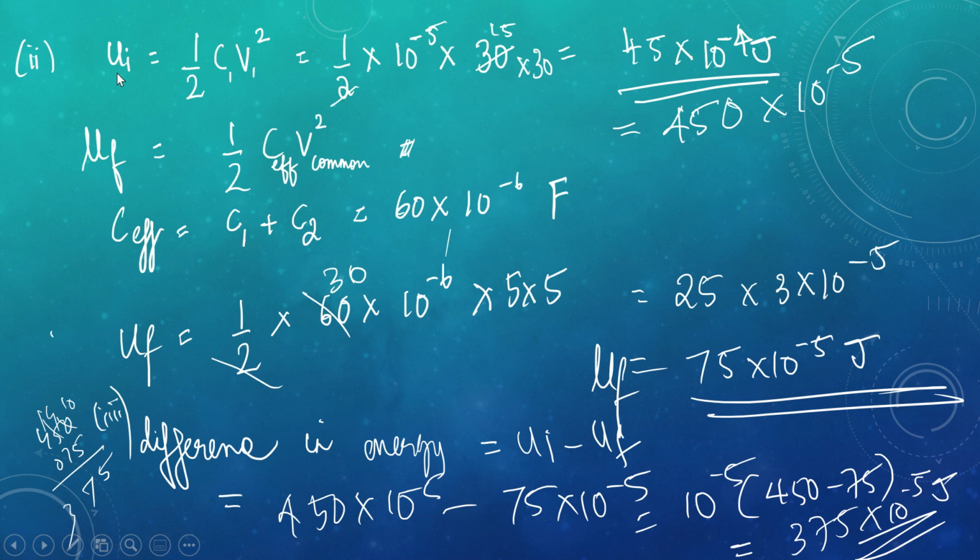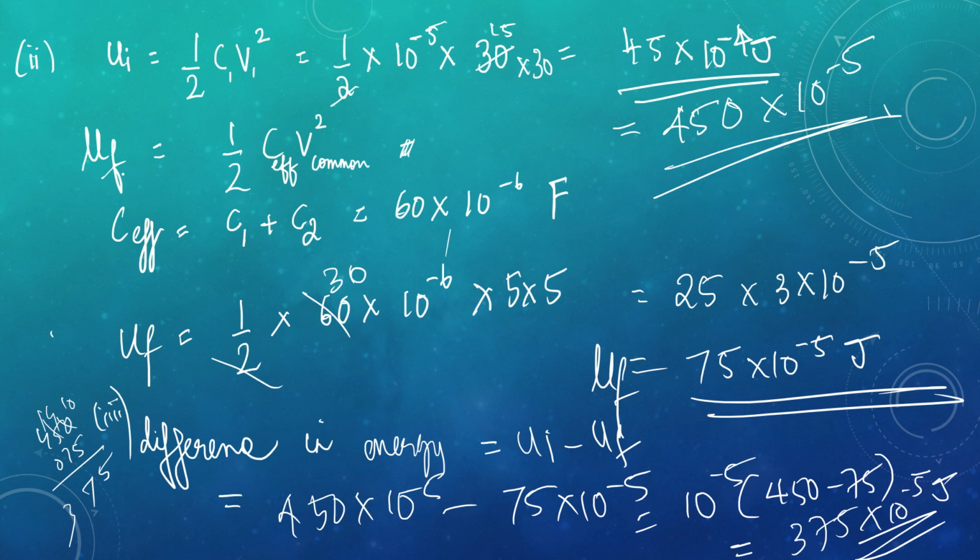Now we have to find U initial, that is initial energy, and final energy. We know there are several formulas for finding the energy. However, since we are given the capacitance and the voltage here, we take the half CV square formula. For U initial, we take the first capacitance and the voltage of the first capacitance.